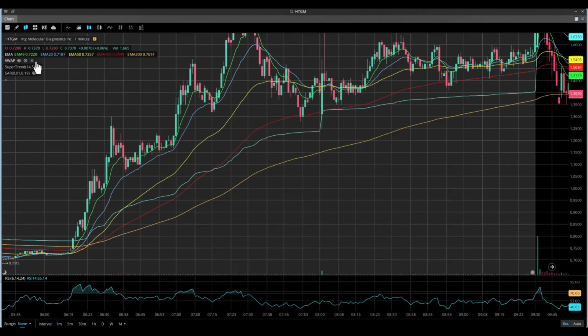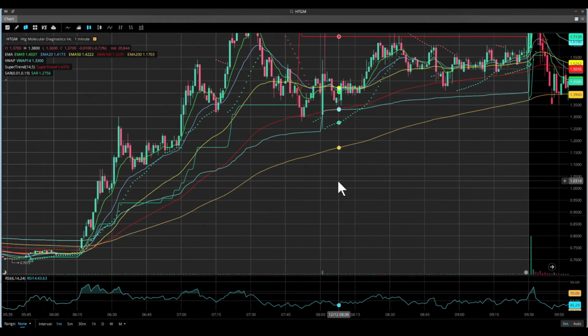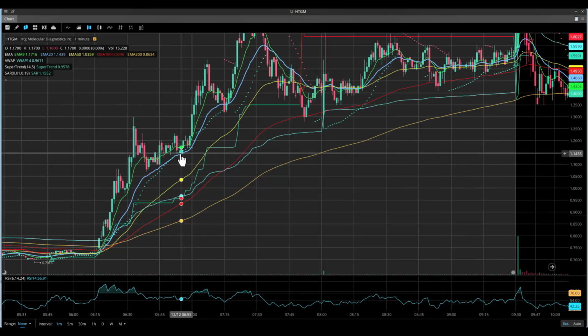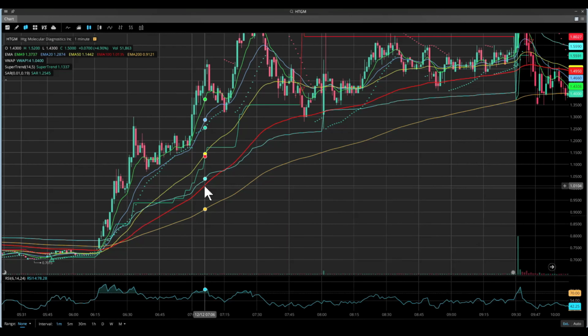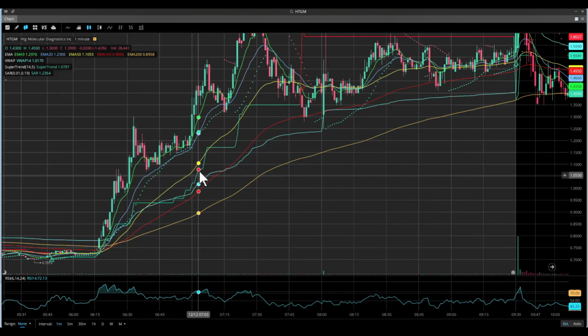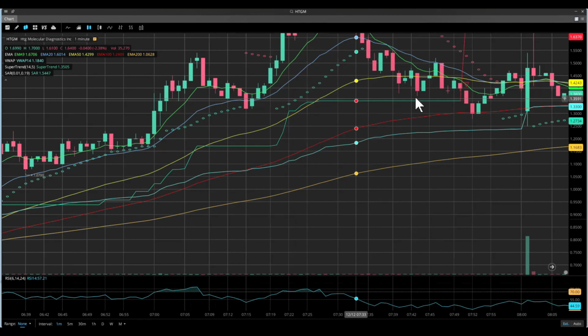And let me open up all the indicators on the chart so you see what it looks like. So the green is EMA 9, the blue is EMA 20, the yellow is 50, red is 100, orange is 200. And then this other green color, this is super trend.